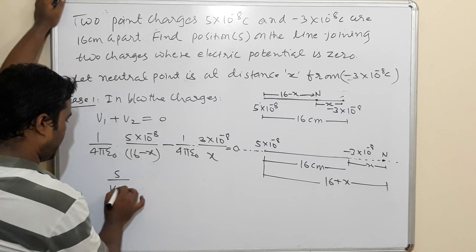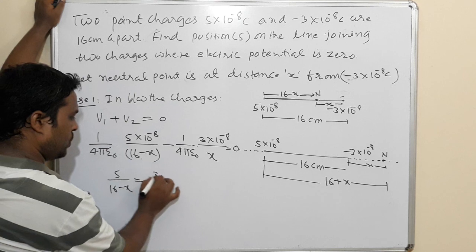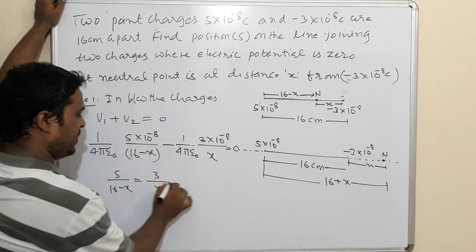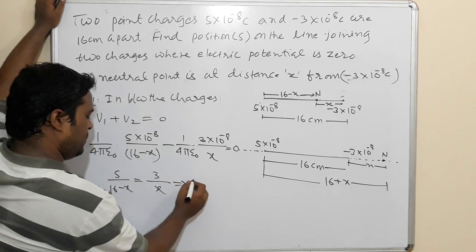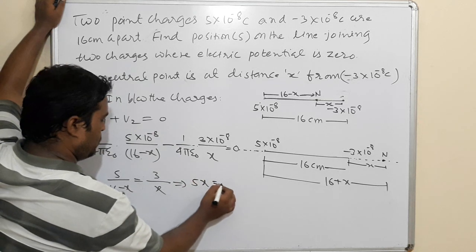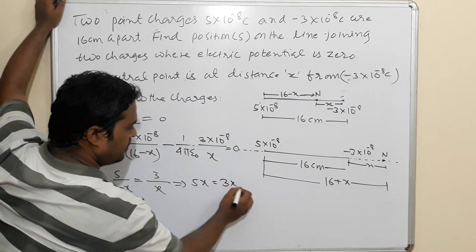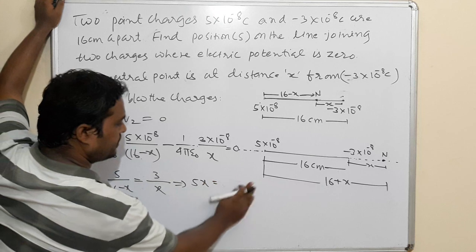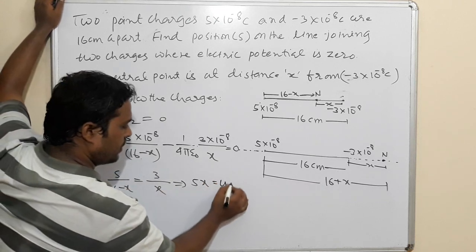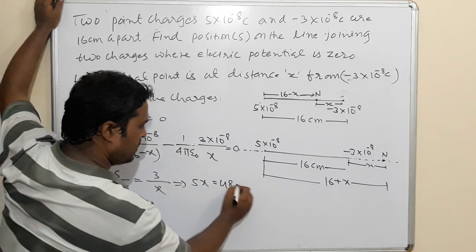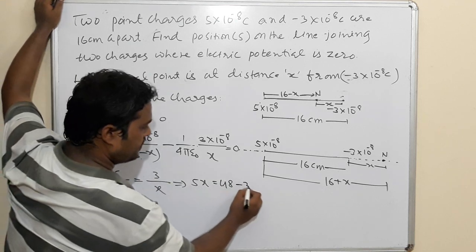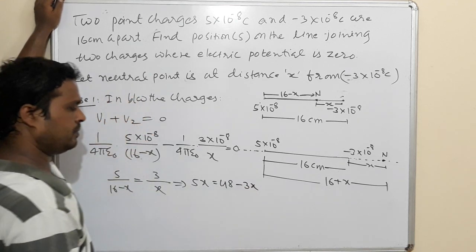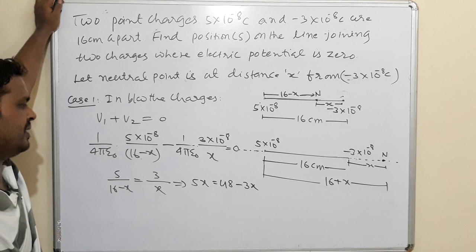This will be 5 by 16 minus x is equal to 3 by x, which implies that 5x is equal to 3 into 16 minus x, 48 minus 3x. Follow this?